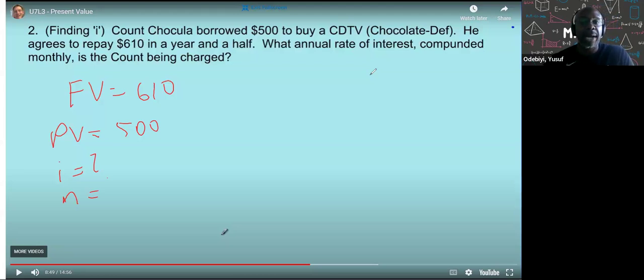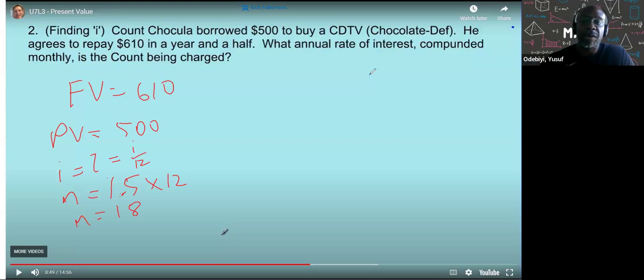So a year and a half is 1.5, but it's compounded monthly, right? So we're going to multiply 1.5 times 12, and that's going to give you 18, okay? And our interest is going to be divided by 12, since it says compounded monthly.